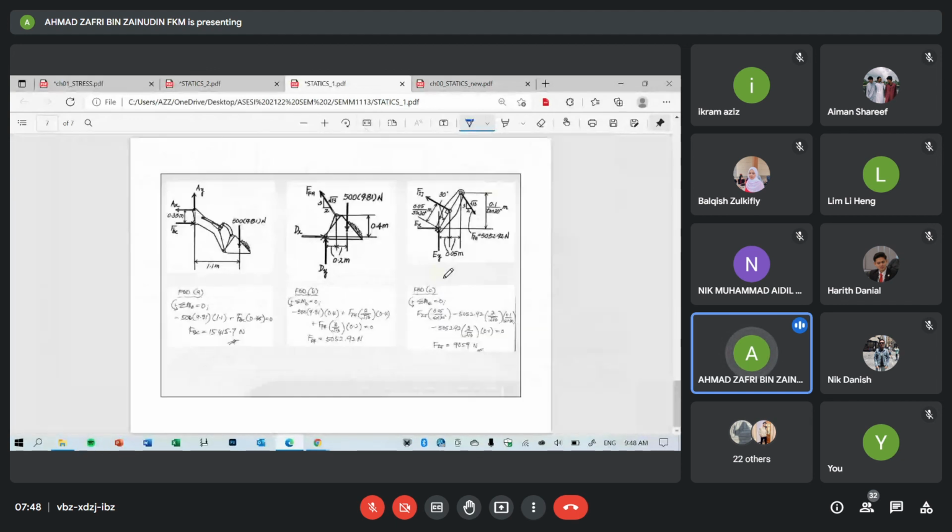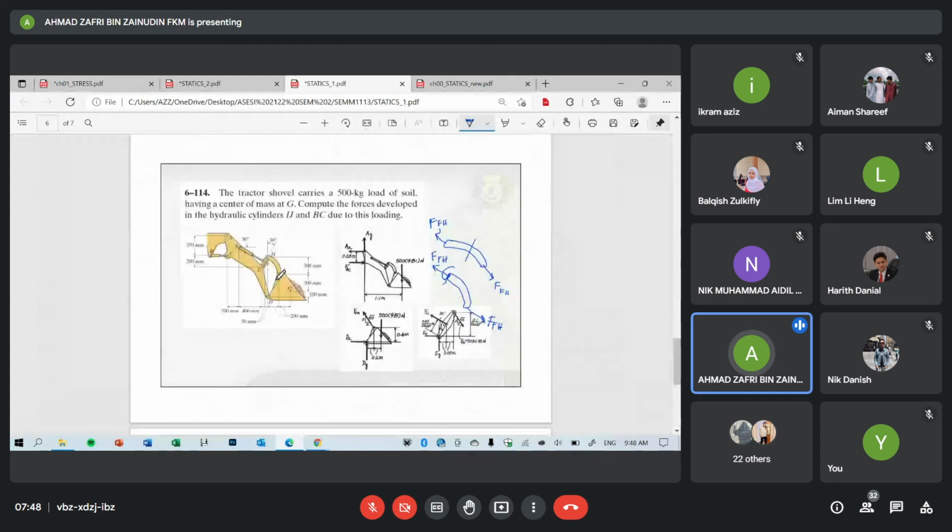Once you get the internal force in IJ, you divide by the area. Area, you learned how to calculate area during your primary school, right?